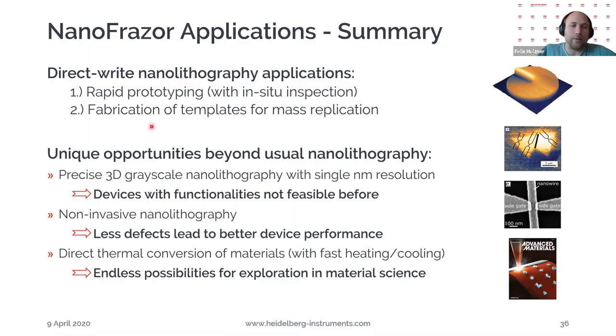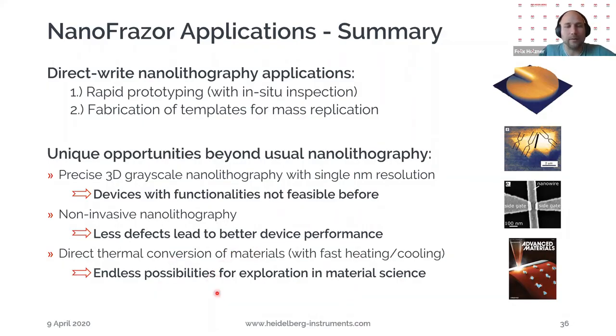And the unique opportunities we see, first of all, are in this 3D grayscale patterning. Then I talked about this non-invasive lithography, that you can work with materials that otherwise might be damaged during lithography. And also, interestingly for scientists, you can use this heated tip to convert materials directly.